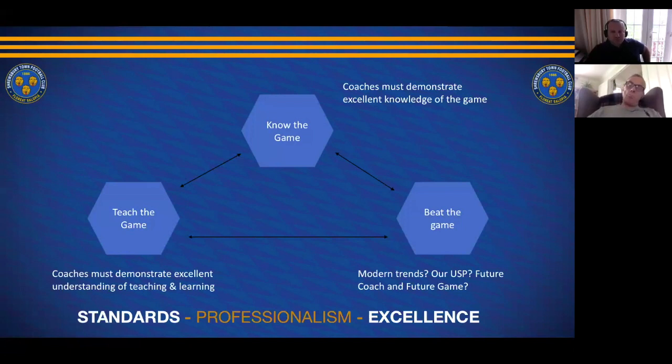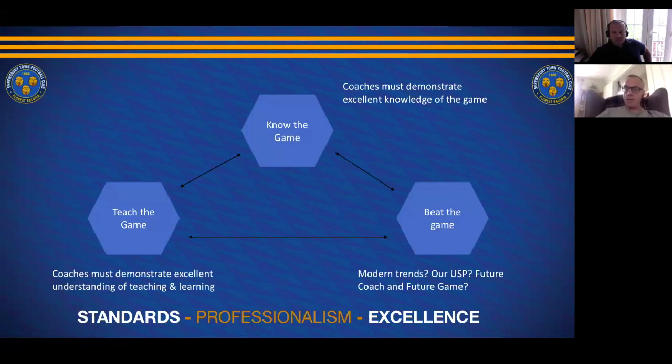So whatever we put together in terms of coach development, it will fit into one of those three different areas. It may be designed to develop their knowledge. It may be developed to develop them as a teacher and as an individual, and to support their learning. And it may be delivered in process to support them thinking about where are we going and where we're moving towards.